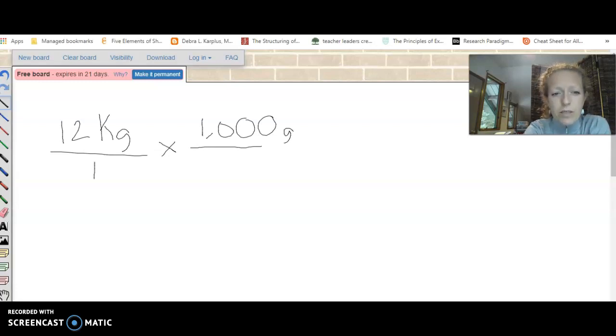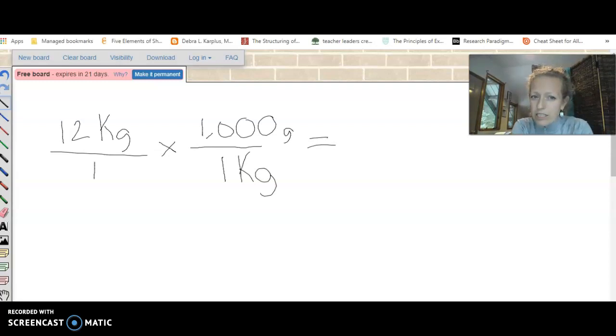I have 1,000 grams up here. That means I need my 1 kilogram down here. Do you notice anything about cross-canceling that would help us get rid of the kilogram and just leave us with grams? Right, we see that we have kilograms here and kilograms here. Let's go ahead and cross those out. This will help you visualize where we need to go with our units.